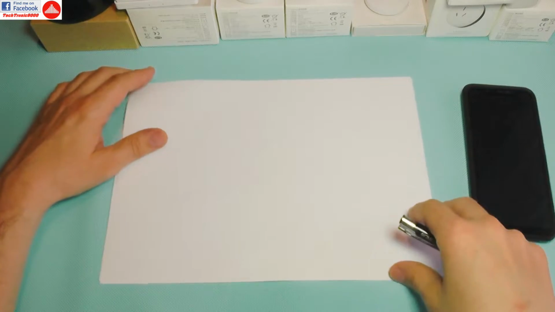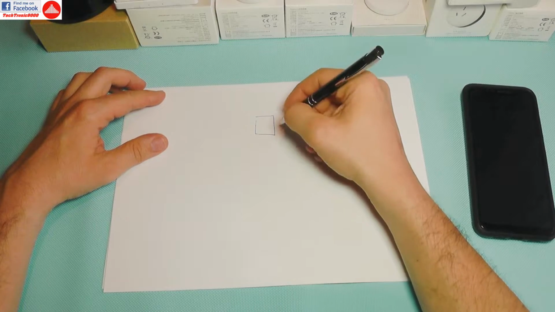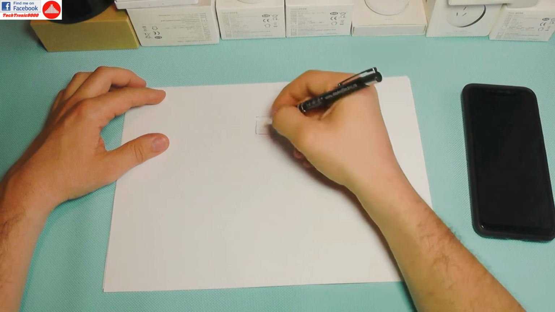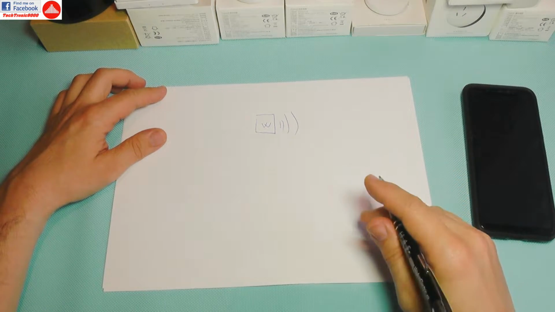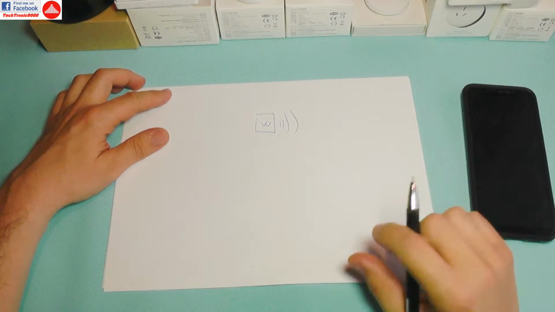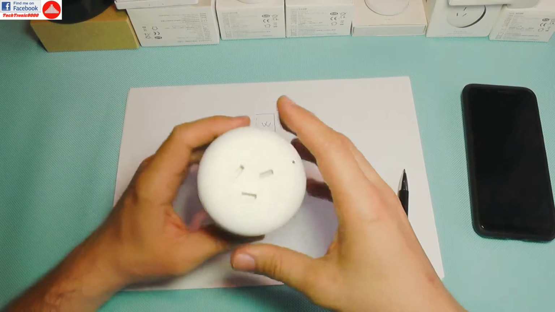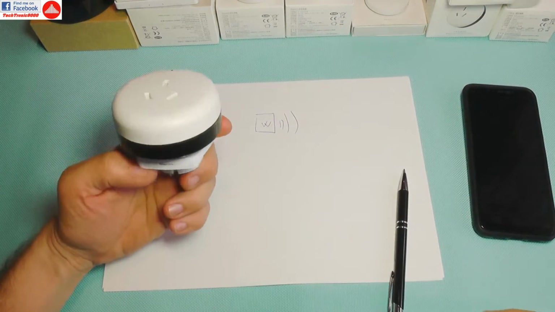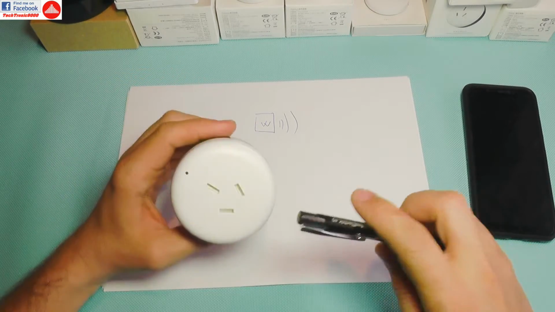So for a start, you are going to need your home wireless network, and that's going to broadcast internet in your home. Then you are going to need the most important sensor in your Xiaomi network, and that's going to be a gateway. And gateways are several types of devices made by Xiaomi.